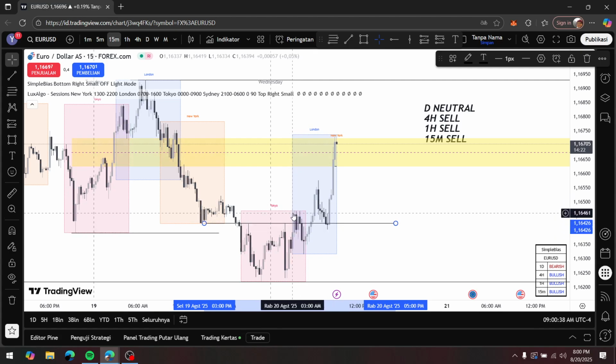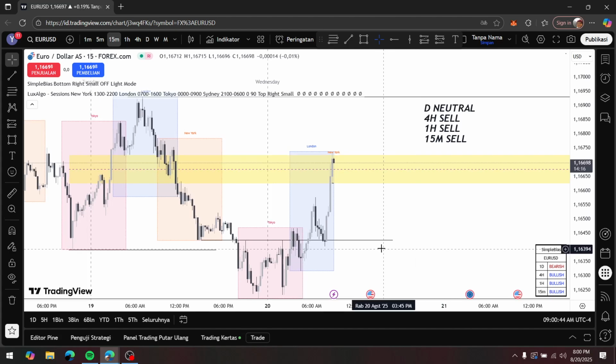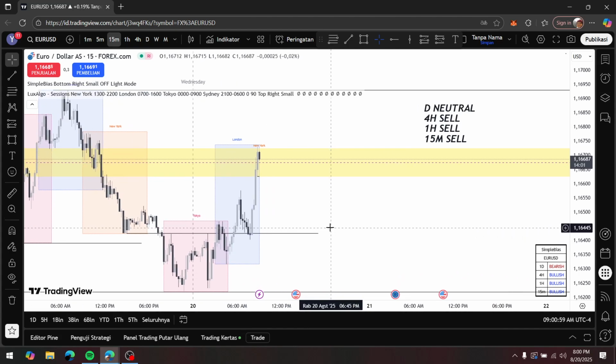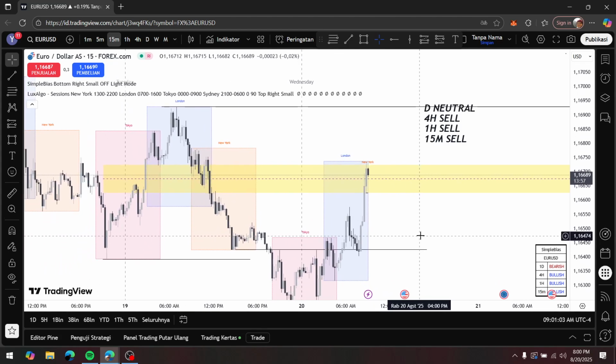See, 1 2 3 4, and again 1 2 3. Look at this close, this low of the day and low of the session. It holds the prices, and the price goes bearish, but I don't want to trade right now.